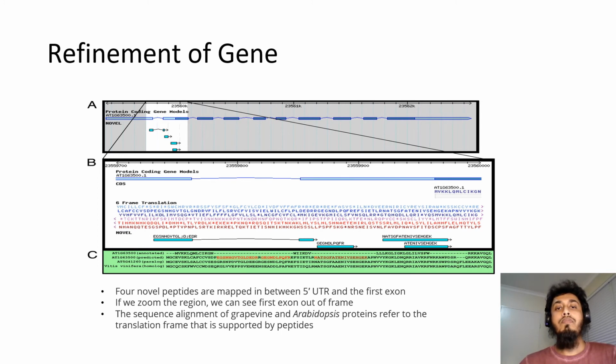Four novel peptides map within the 5' untranslated region and the first exon, as shown in picture A. Picture B shows a zoom of the region, showing that the current first exon is out of frame with the peptides. And in C, we can see the sequence alignment with the Arabidopsis and grapevine proteins supporting translation in the frame supported by peptides.